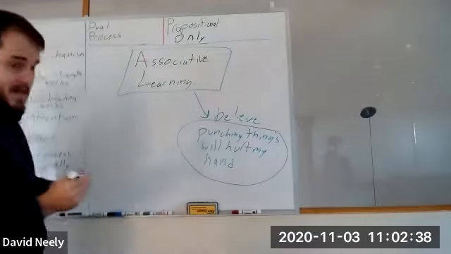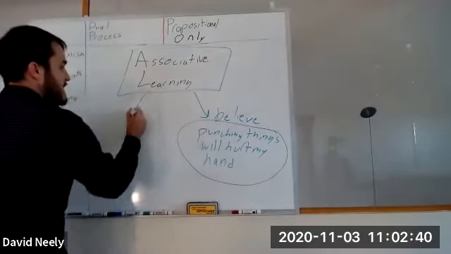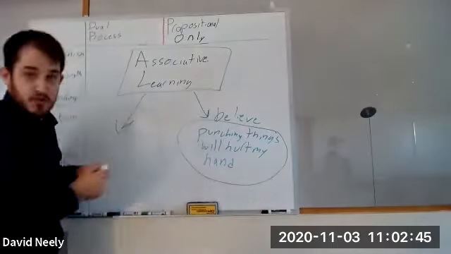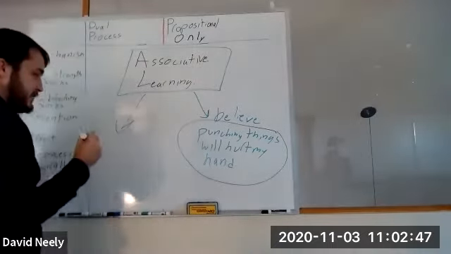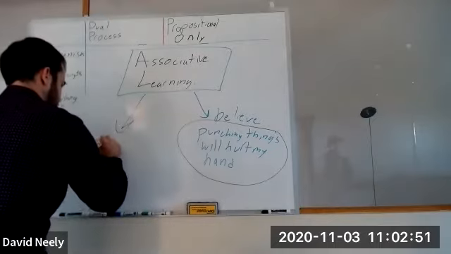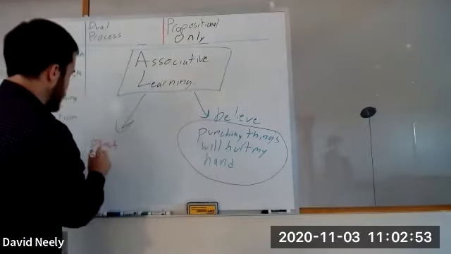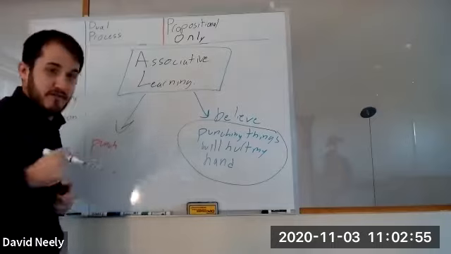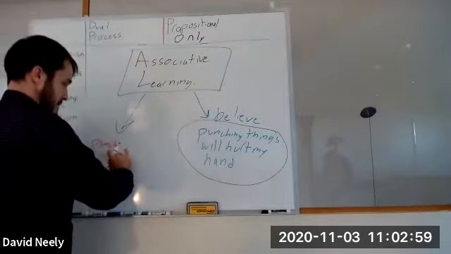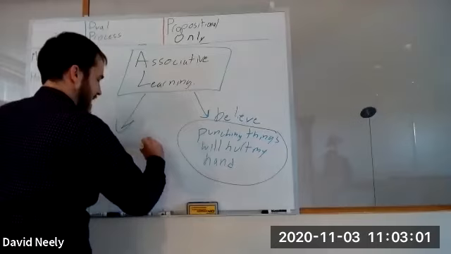On the flip side, there's this view that what it is to learn associatively is for you to have, not a belief, but a concept of punch, a representation of the act of punching. And then you have another representation, say pain.